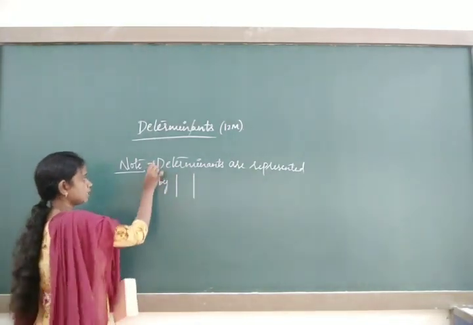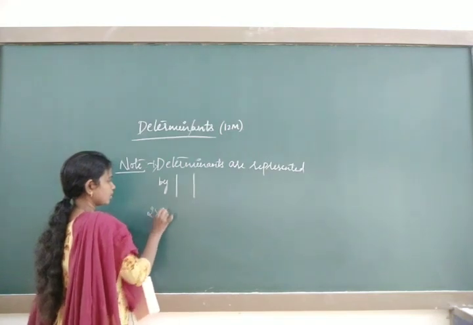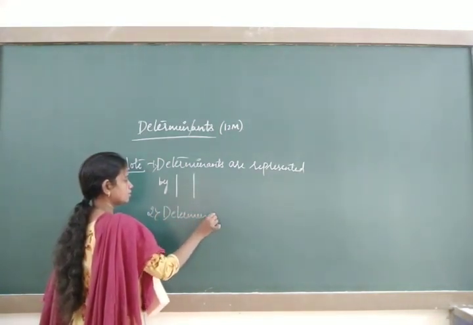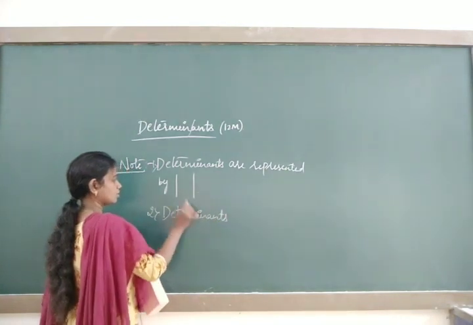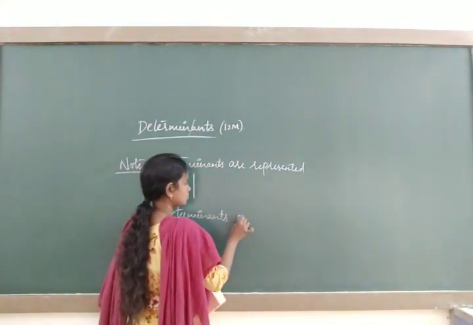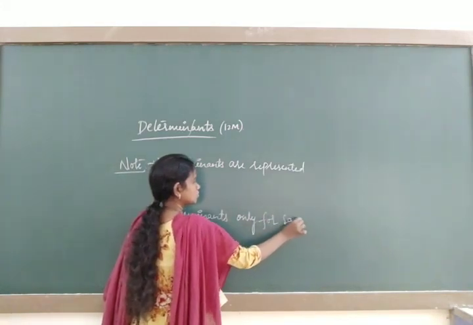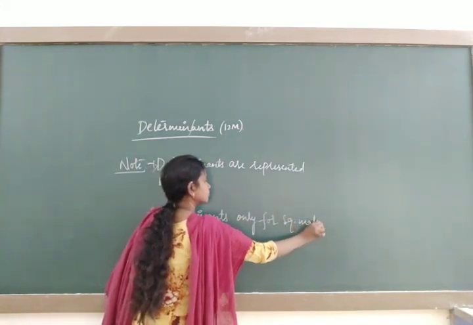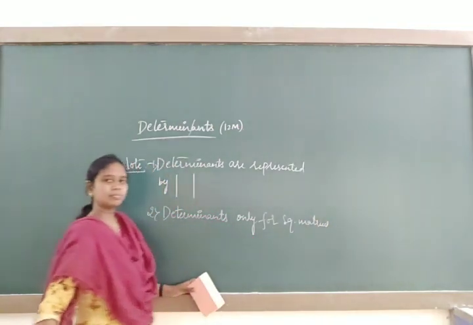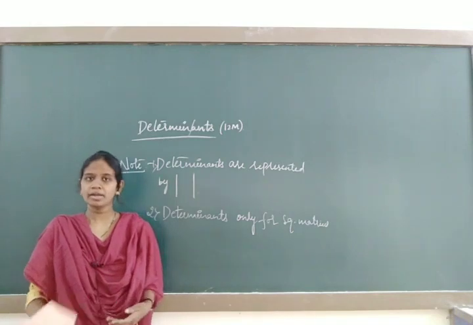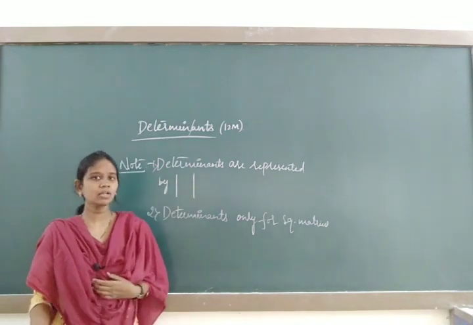Next, second point: determinants are obtained only for square matrices. Determinants are possible only for square matrices, not for rectangular matrices or any other matrices.